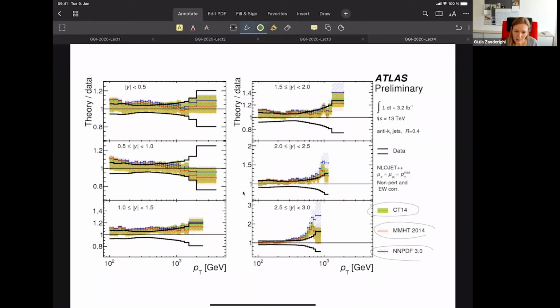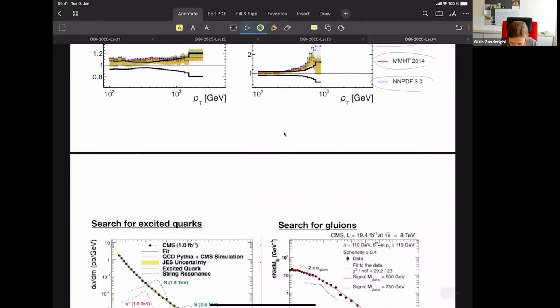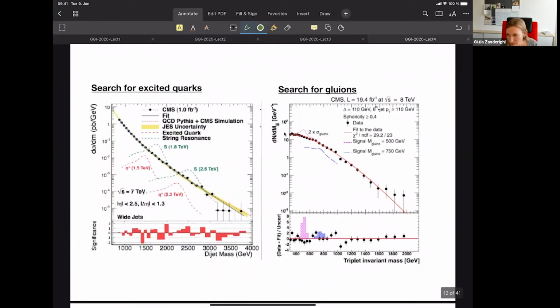And now, why are these calculations useful, or what can one do with this? Well, as I said, jets enter everything you do at the LHC, and I will also talk more about jets in general. But for instance, this plot shows you how, by measuring jets at very high PT, you can constrain new physics.